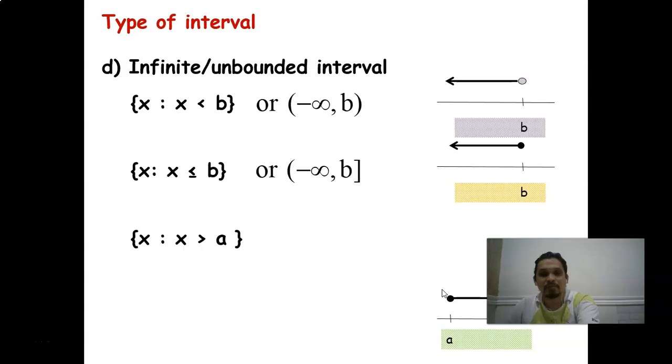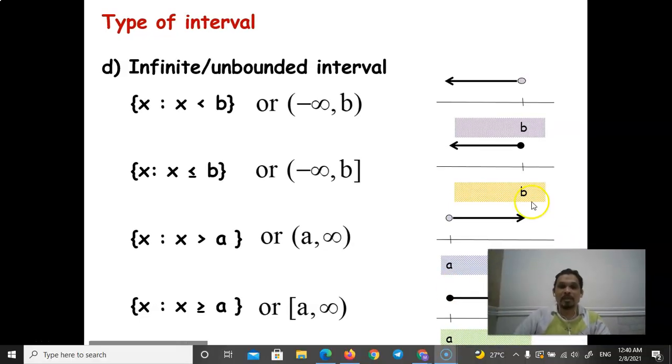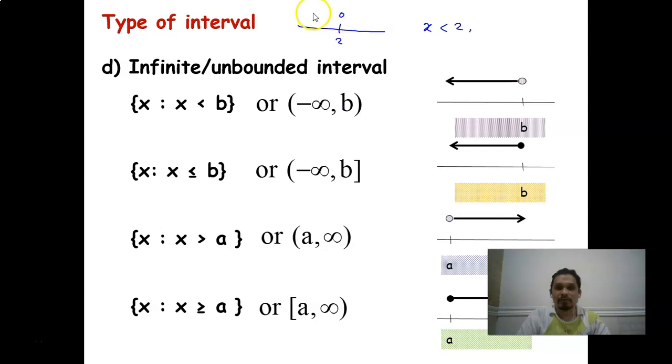Infinite bound. For this one here now, x less than b, or from b to negative infinity. For example, if x is less than 2, from the number line of 2, what's the direction, to the right or left? Yes, to the left.